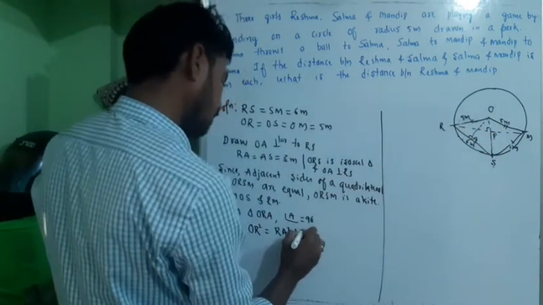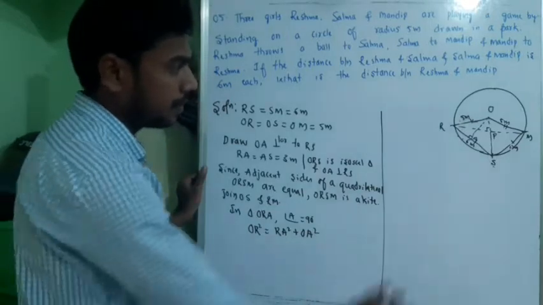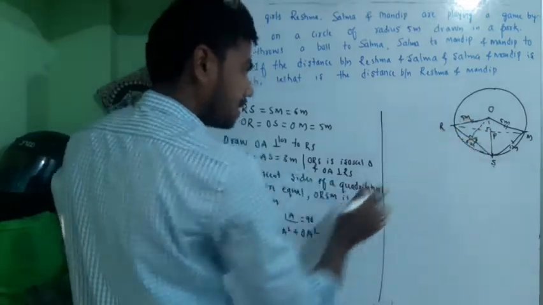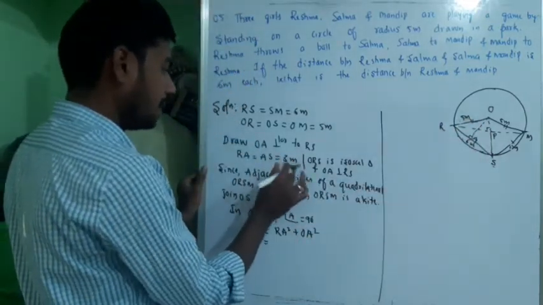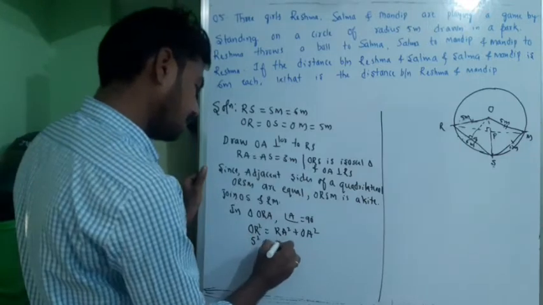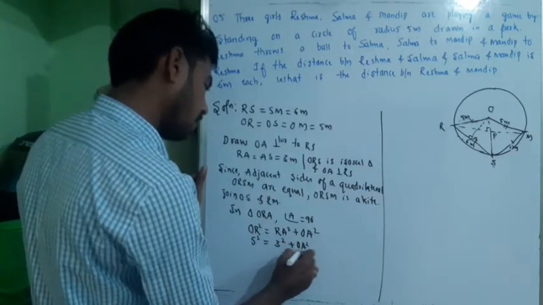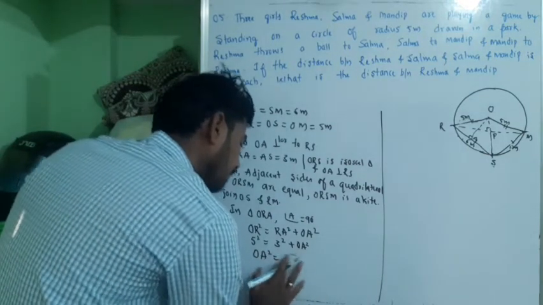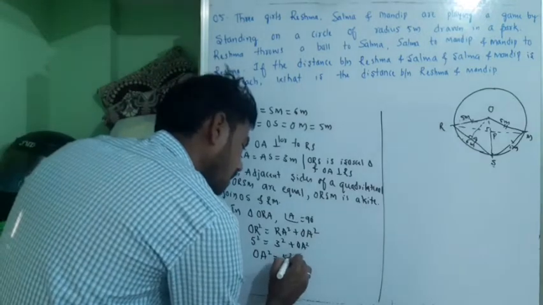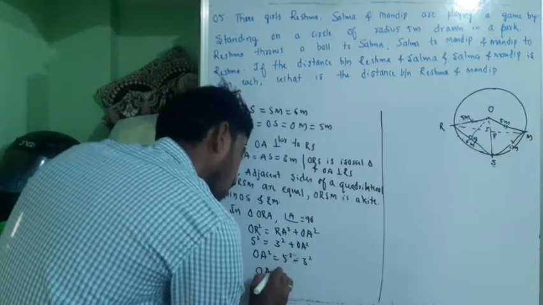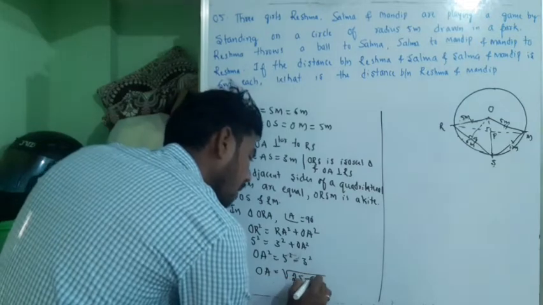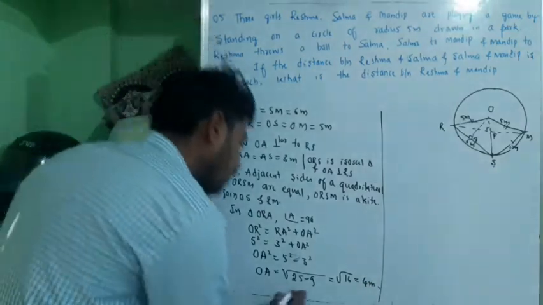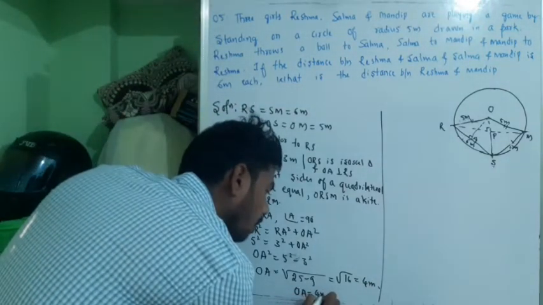What is OR? 5 square. RA we need to calculate. RA is 3 meter. 3 square plus OA square, that we need to calculate. OA square is equal to 5 square minus 3 square. This I'll transfer to the left hand side. Or else OA is equal to square root of 25 minus 9, which is equal to root of 16, which is equal to 4 meter. Fine. So therefore OA is equal to 4 meter.